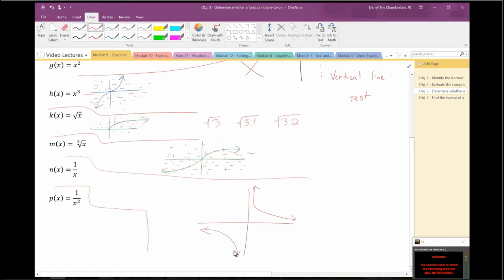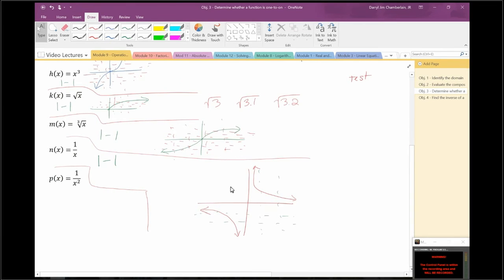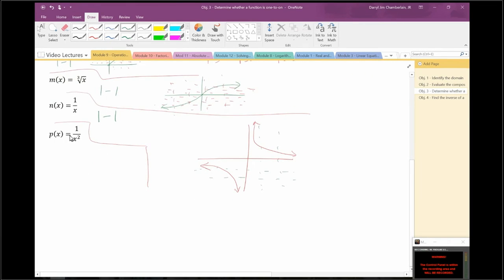And then the same kind of thing happens with the negatives. And we can see here, no issues. This function is also one-to-one. x squared was still the only one that wasn't. So, as you might guess, 1 over x squared is our only other problematic one.